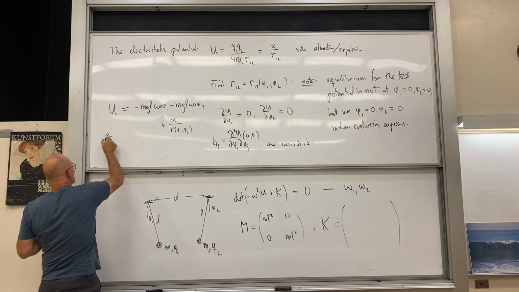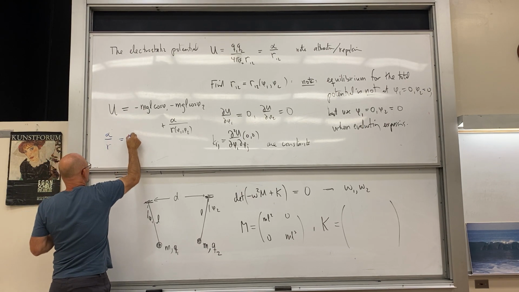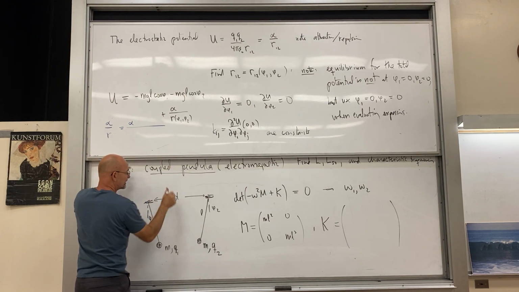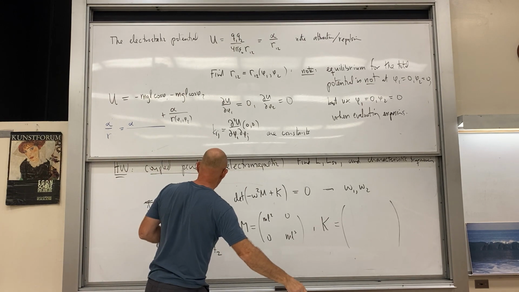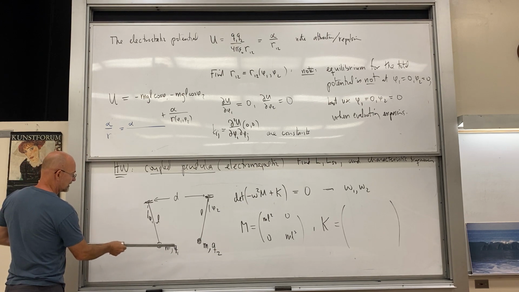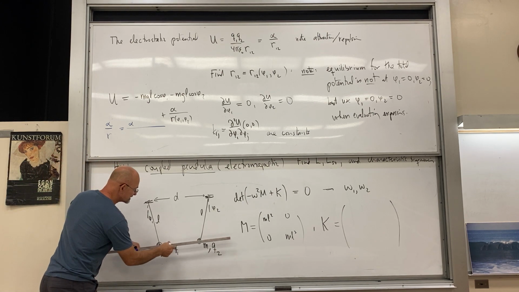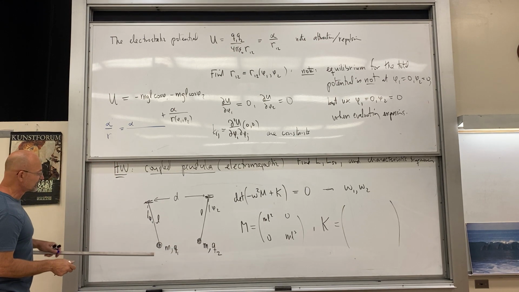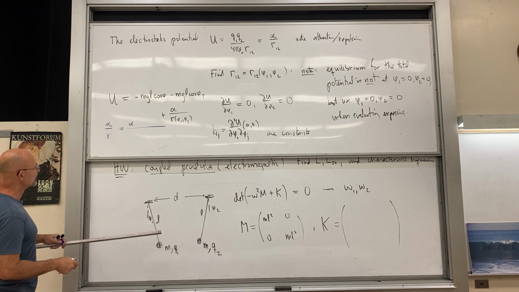This alpha over R is going to look like this. The separation distance, we need this thing right here. For small oscillations, you really can just deal with the horizontal aspect, just like I said for the connection with the springs.